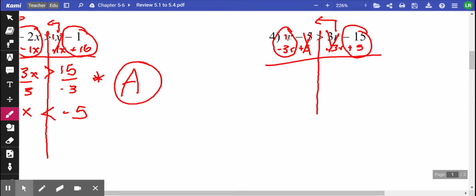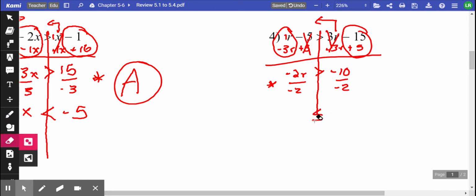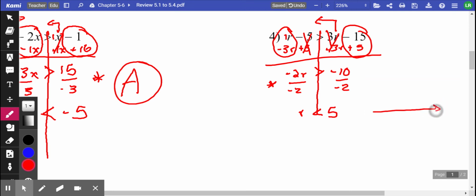So I have them on opposite sides, but I have -2r is greater than -10. Divide both sides by -2. I do need to flip my inequality sign because I just divided both sides by a negative. Oops, not the or equal to part. And I would have r is less than 5.